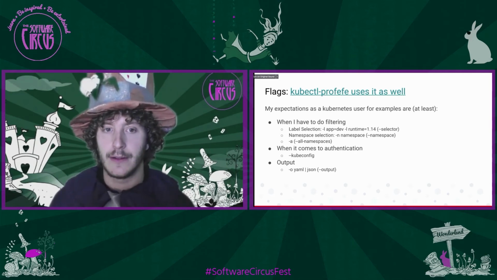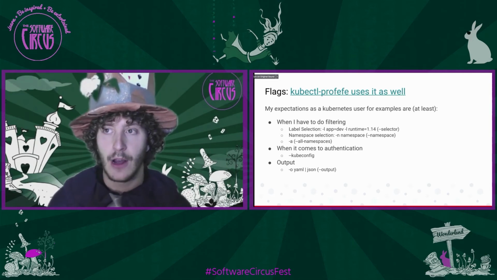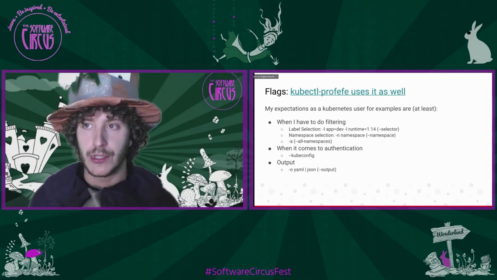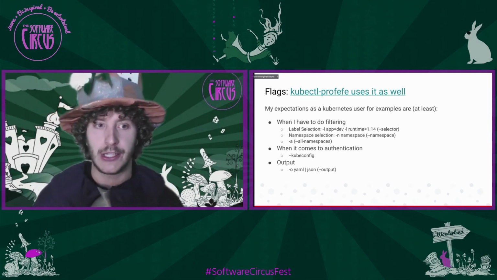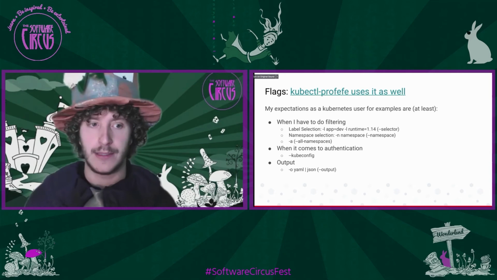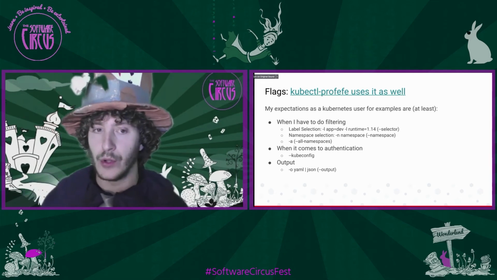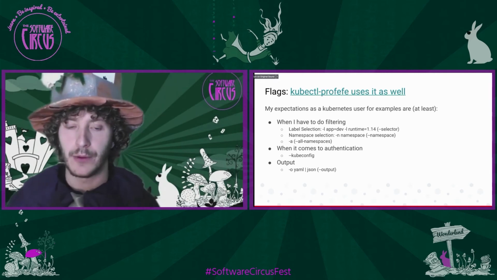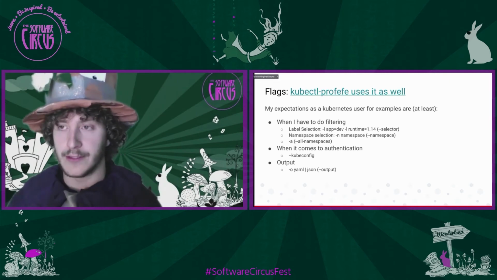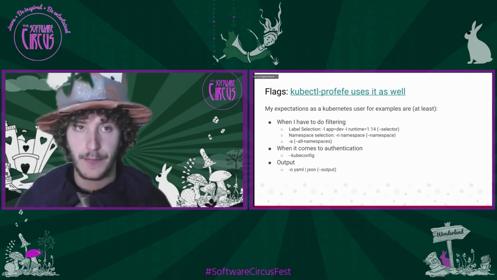Namespace selection, -n, --namespace. Or I want to get all the resources for all the namespaces, -A or --all-namespaces. When I have to change authentication and configuration, I want to use --kubeconfig. For the output, I want to use -o, because that's how it works in Kubernetes.